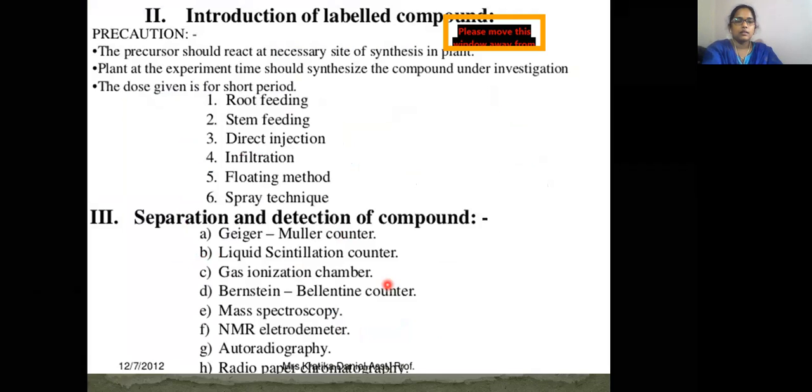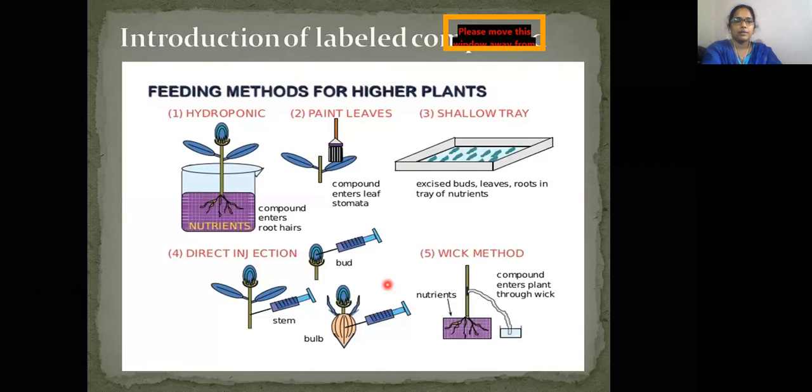Stem feeding means you have to cut a small piece of the stem, and then the other part of the stem you have to place intact with the hydroponic solution. You take the solution in another vessel, and the plant remains in the soil.